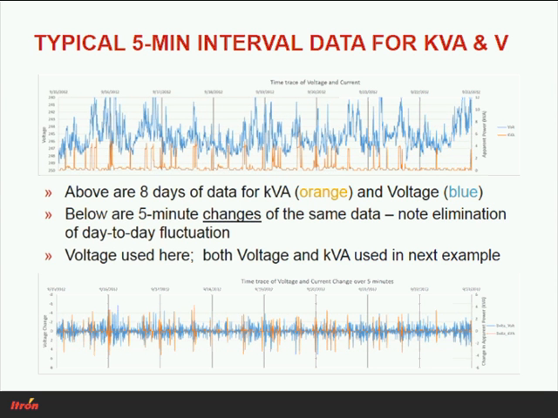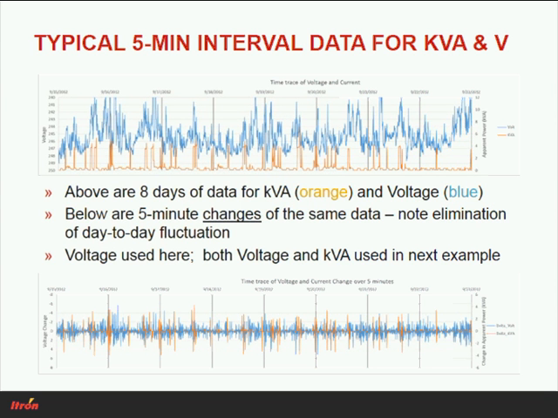Some of kVA causes voltage spikes, but many voltage variations are caused by other than the kVA on the meter. They're caused by secondary line fluctuations. I'm presenting both voltage and kVA because in the later example we'll need both. Right now we're only going to focus on voltage, which is the blue line.